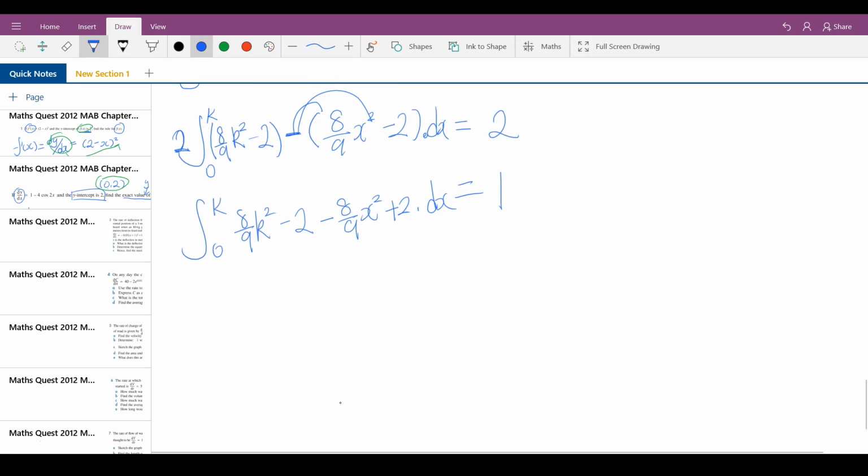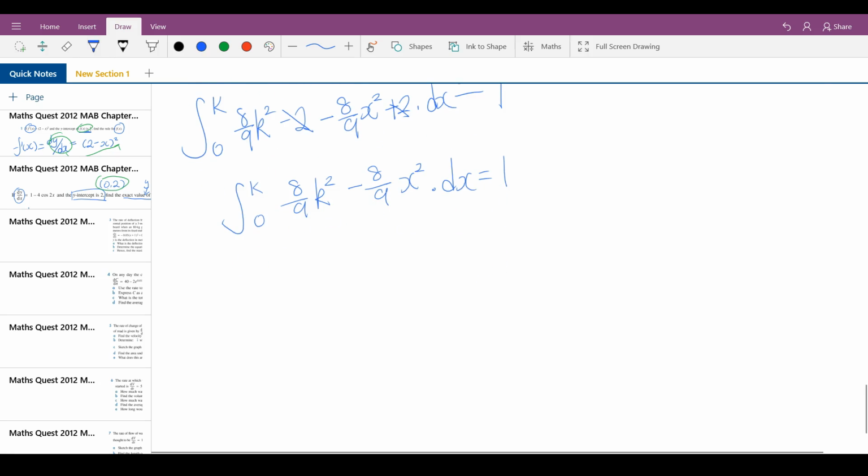Okie dokie. So now the 2 will cancel out, right? So you're left with the integral from 0 to k of 8 over 9 k squared minus 8 over 9 x squared, with respect to x, equal to 1.